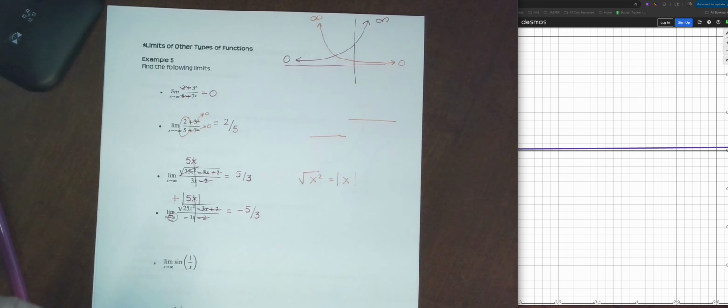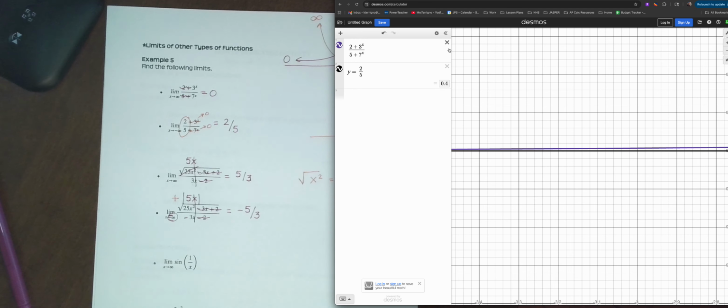It's the same kind of thing, that one part of your fraction is being locked in as being positive and the other one is not. Again, let me prove it to you. So our function here is square root of 25x squared minus 3x plus 2 all over 3x minus 2.